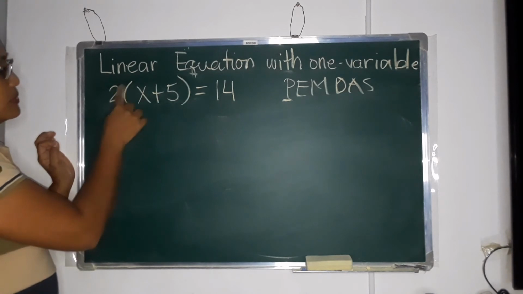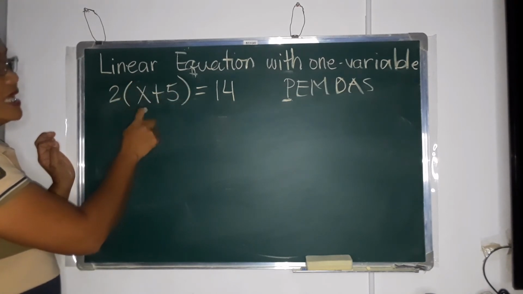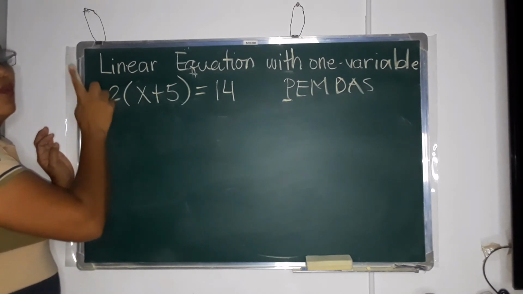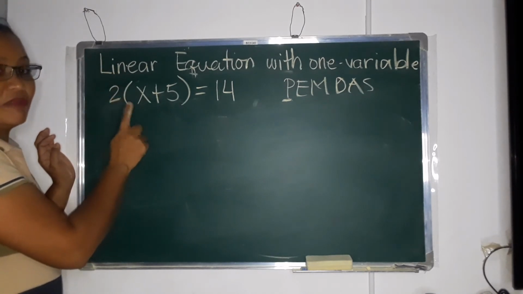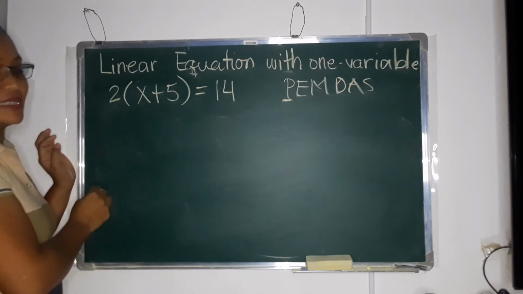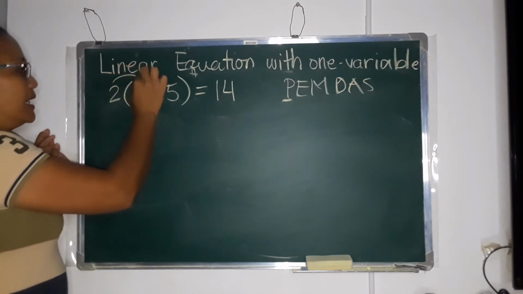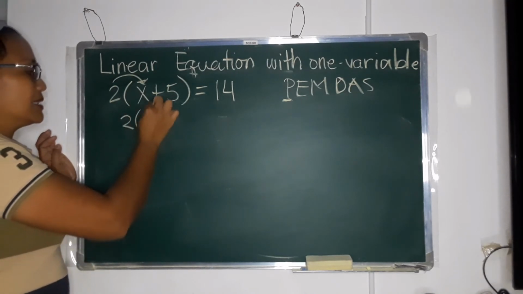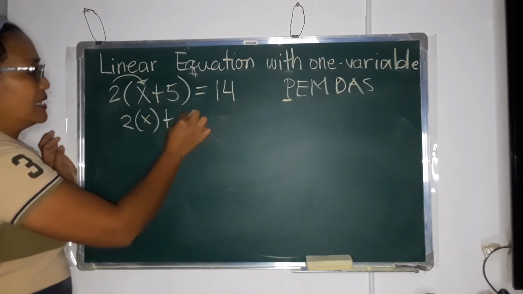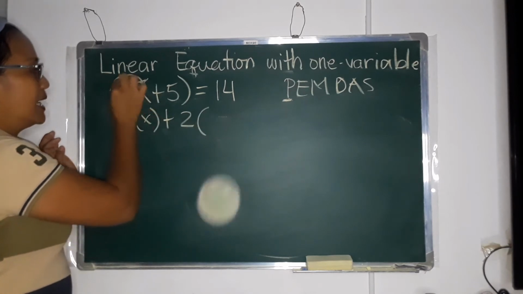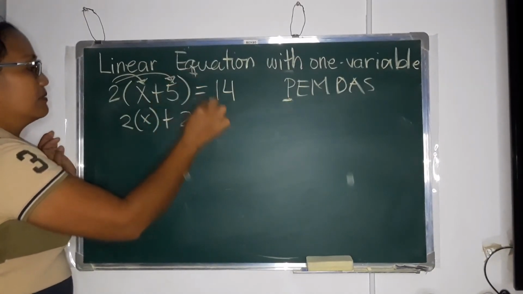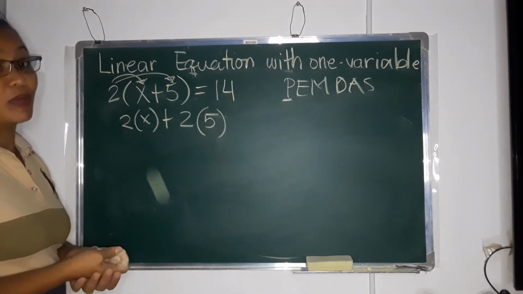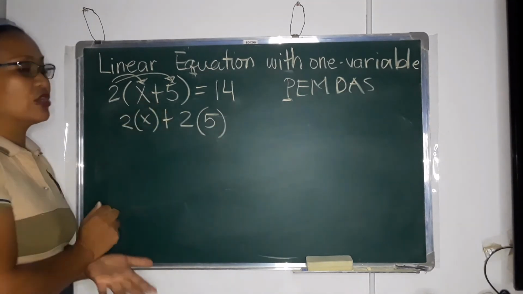So 2 times (x plus 5), meaning to say, we're going to multiply 2 with all the values inside the parentheses. So 2 multiplied by x is 2x, copy the sign, then 2 multiplied by 5. We call this the distributive property under addition.